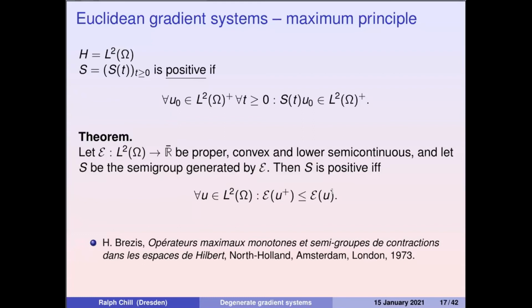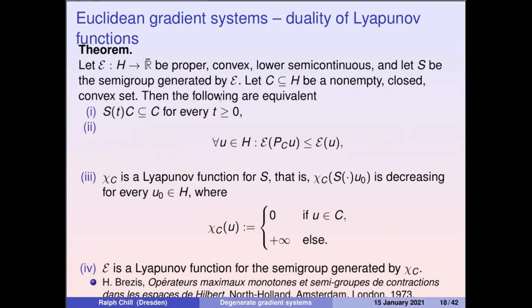From a more abstract way, positivity can be seen as an invariance of convex sets. So the cone of L2 is convex and closed. And one can also characterize that a set C is invariant under a semigroup. That's assertion 1, and all the following assertions are equivalent.